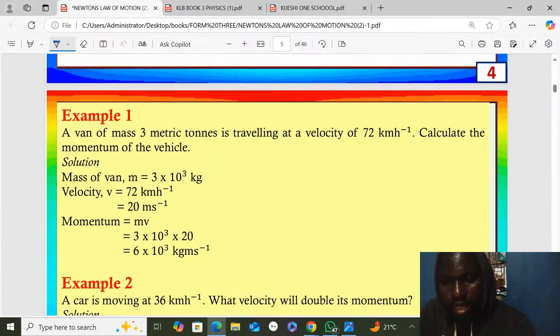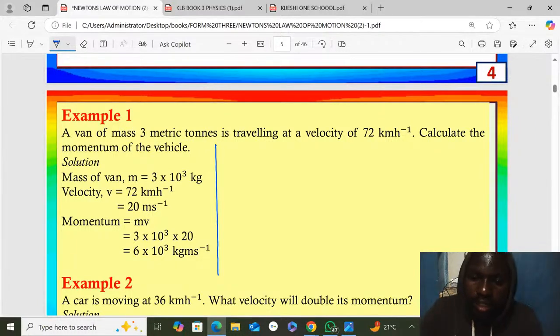You are told that a van of mass 3 metric tons is traveling at a velocity of 72 kilometers per hour. Calculate the momentum of the vehicle. I may not necessarily repeat this, but I'll do it aside, maybe in an easier way.